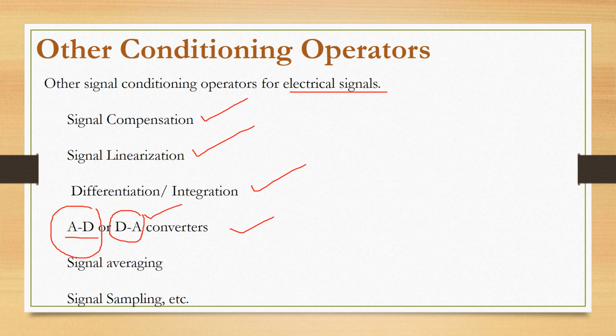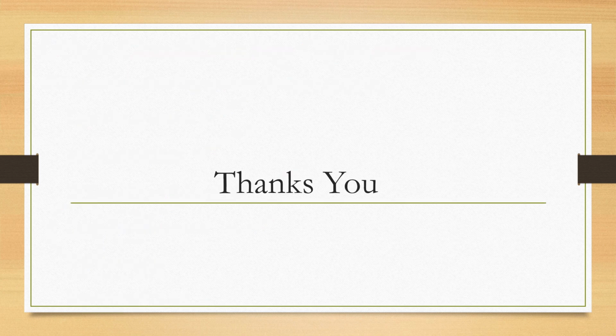Then another important thing is signal averaging. So sometimes suppose you are measuring the temperature at multiple locations and you want the average temperature, so in that case you need averaging, and sometimes you need signal sampling, etc. So these are some of the signal conditioning elements.